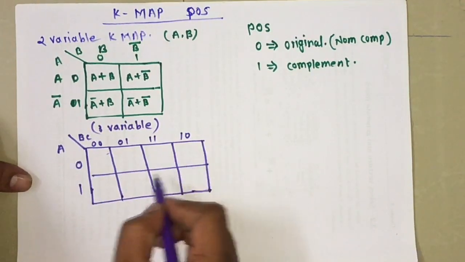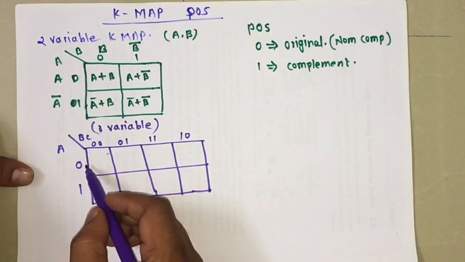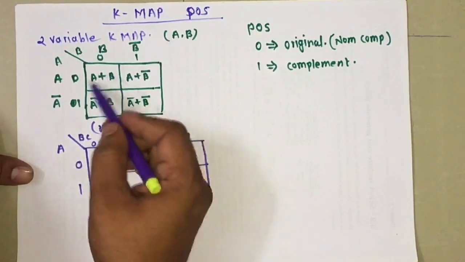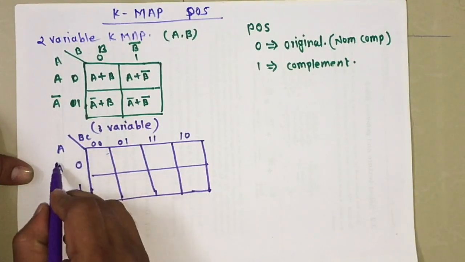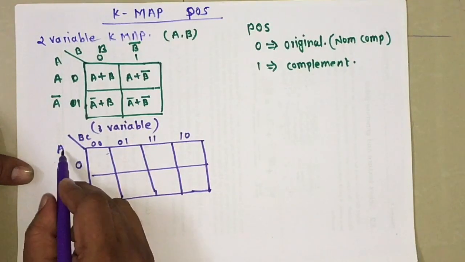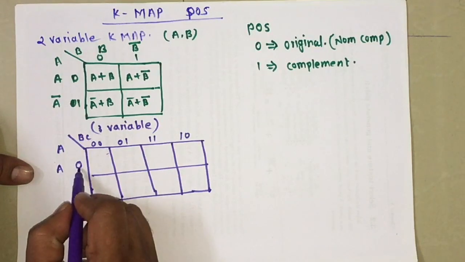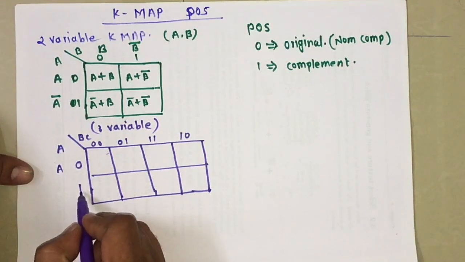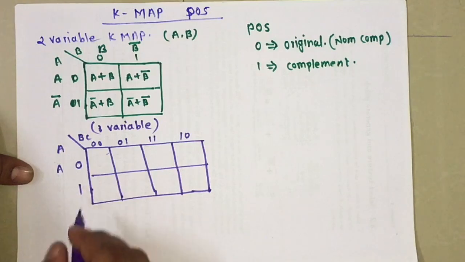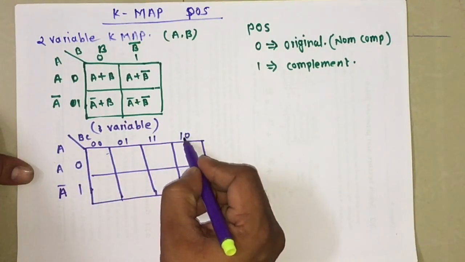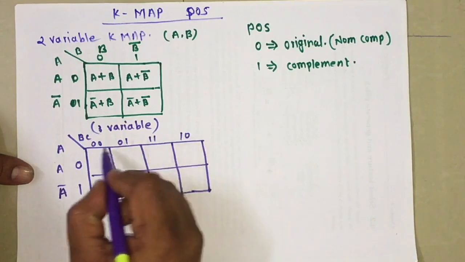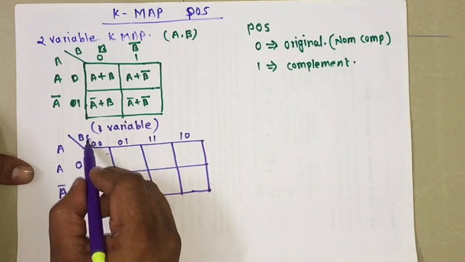So here we have to write the sum terms, like this. So what will this A indicate? 0 will indicate the original value of the variable, that is A. 1 indicates the complemented value of the input, that is A bar. Here suppose 1 0, 1 0, these are the values of BC.